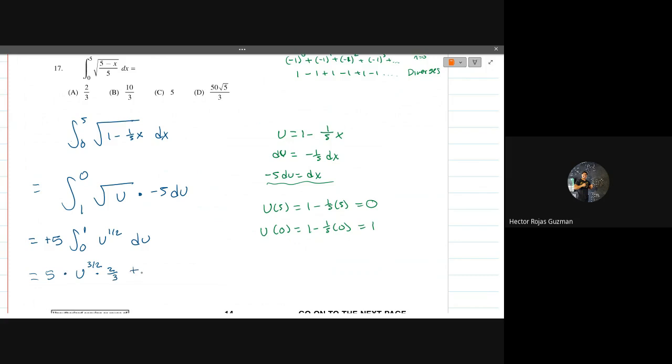Oh, we don't need a plus c. Integrated from 0 to 1. So this becomes 10/3, and we're going to plug in the 1. The 1 to the power of 3 halves minus 0 to the power of 3 halves, which is just simply 10/3.